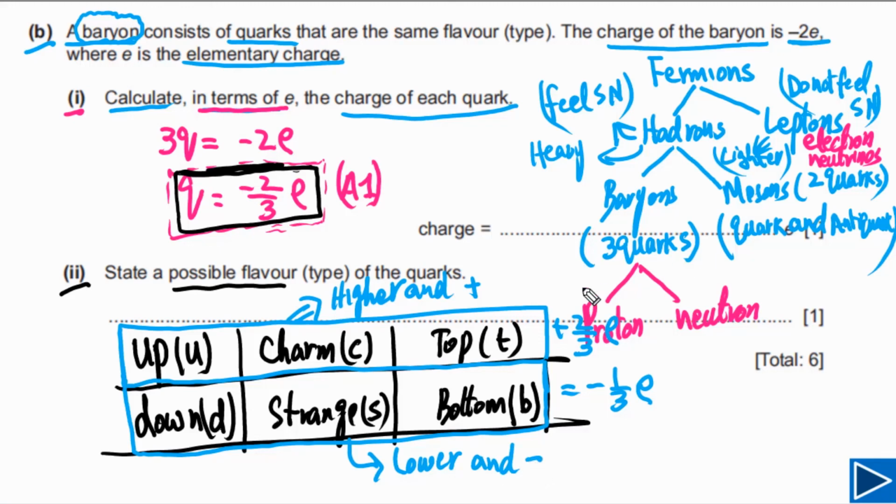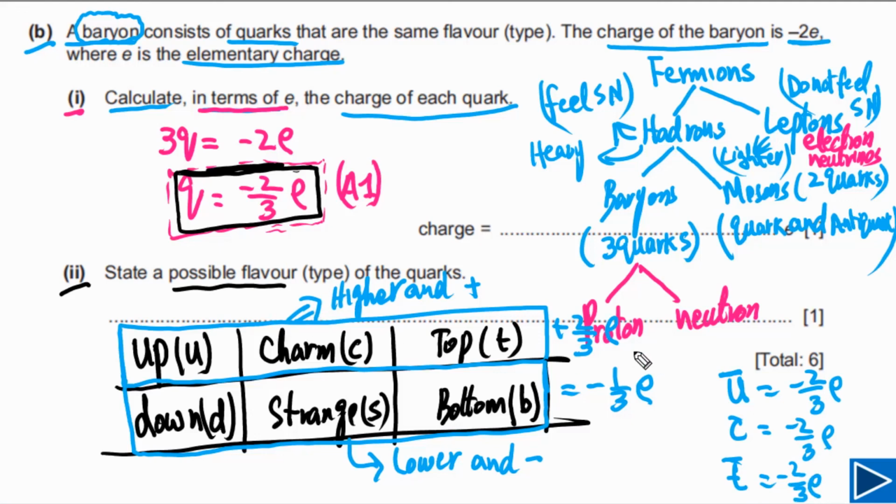Now let's try to answer this question. We need to state a possible type of quarks. If you look at the top quark, it has charge plus 2/3 e. Anti-up quark has charge negative 2/3 e. Now if we talk about the anti-charm quark, the charge on the anti-charm quark will be negative 2/3 e. And the charge on the anti-top quark also will be equal to negative 2/3 e.